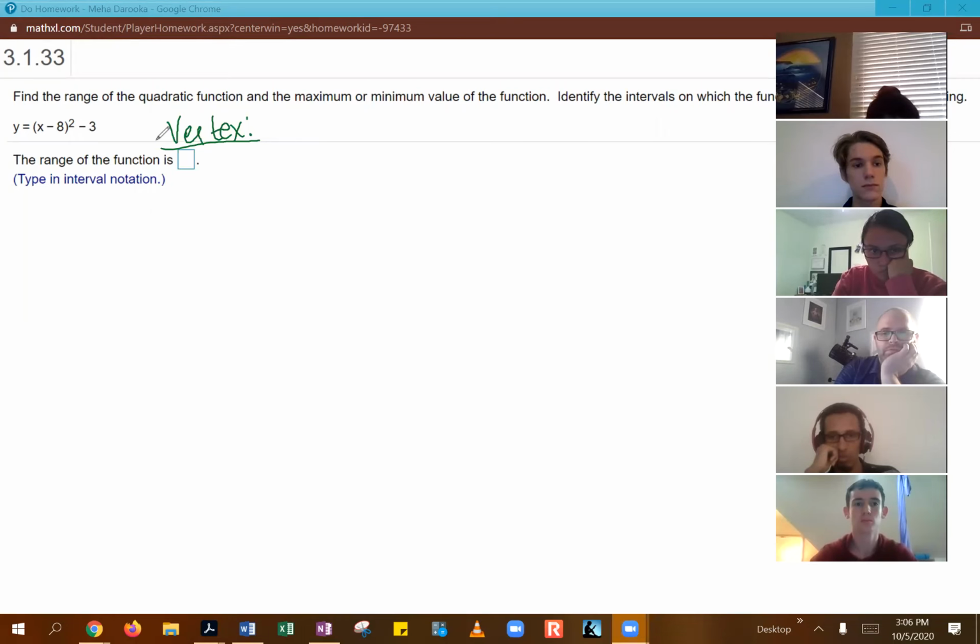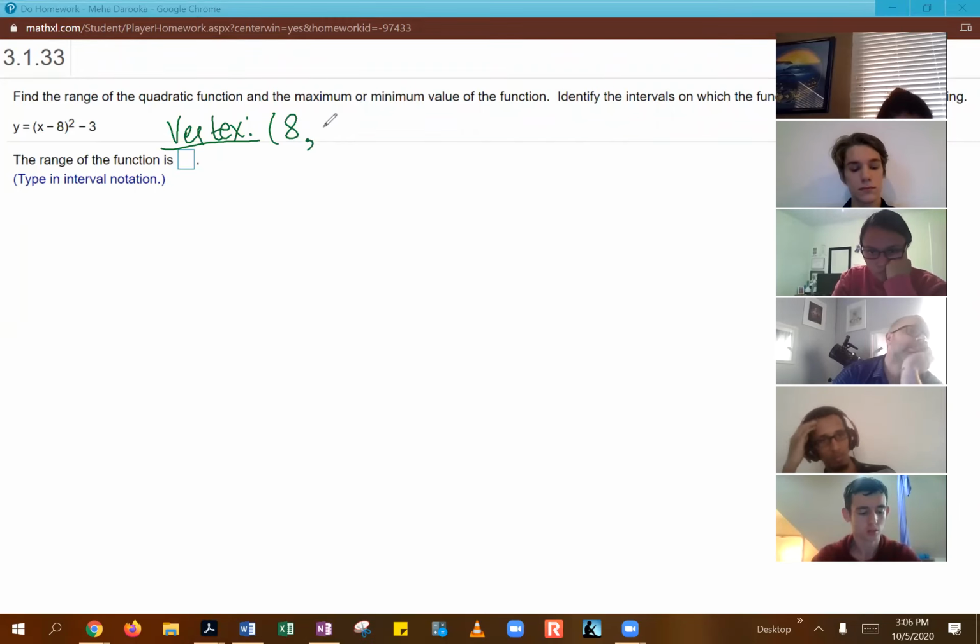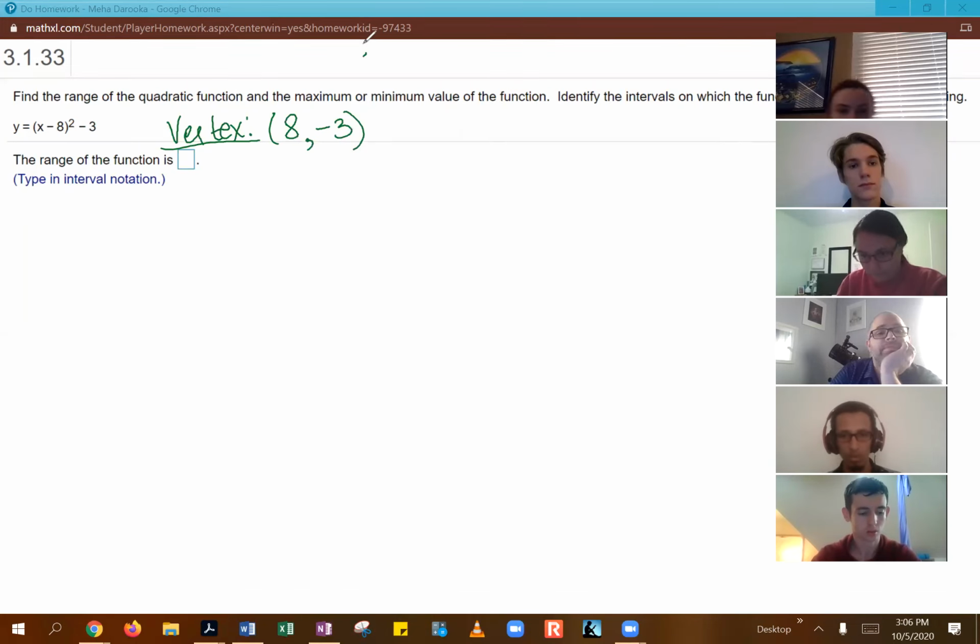Okay, so I've got Abdul Aziz, James, Lowell, Trey: positive 8, negative 3. Very nice, good job. So positive 8 for the h value, negative 3 for the k value. The first number gives you the h, the second gives you the k.